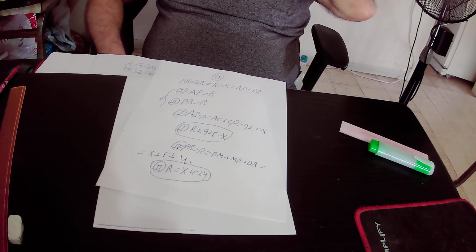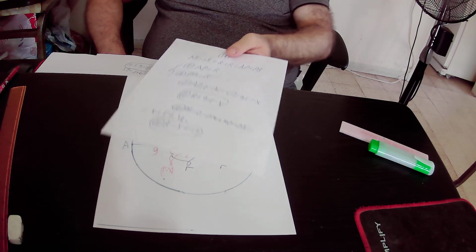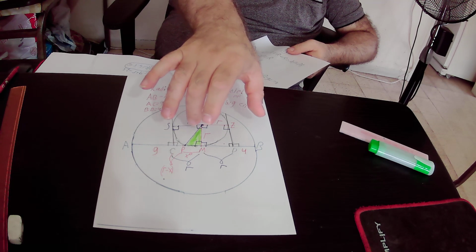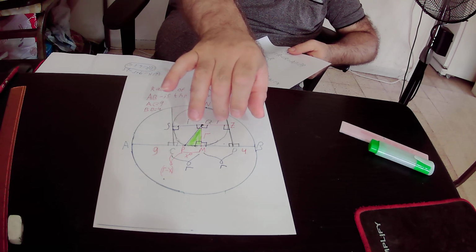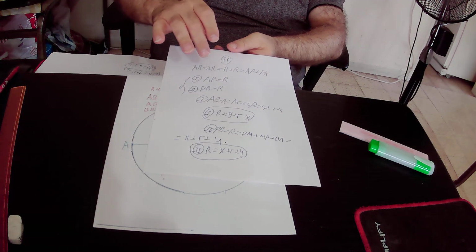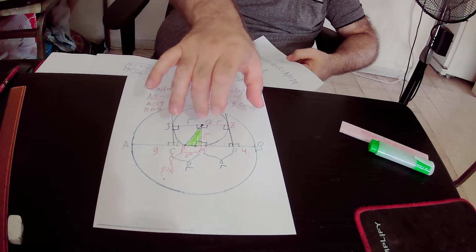And we have the second equation for the radius of the big circle. The second equation states that PB equals the radius of the big circle. PB equals capital R. But what is the value of PB?